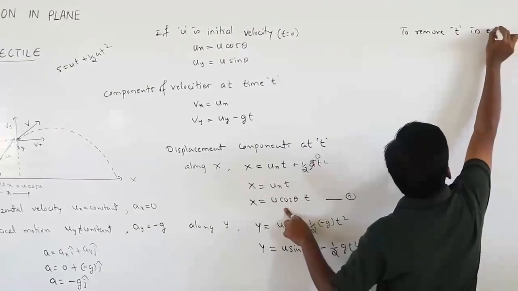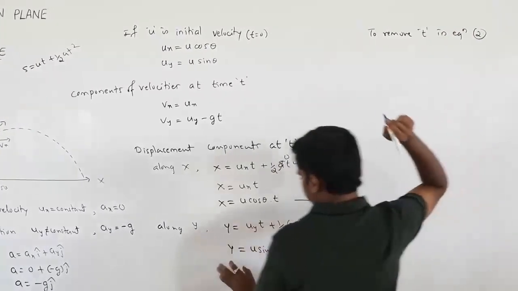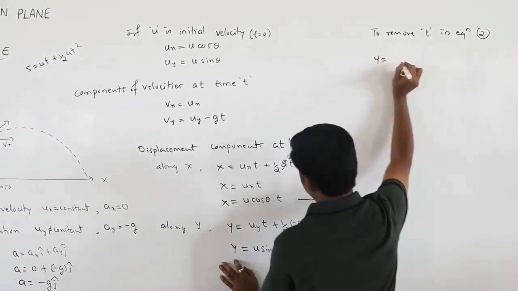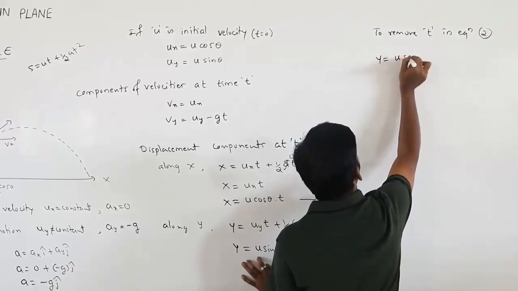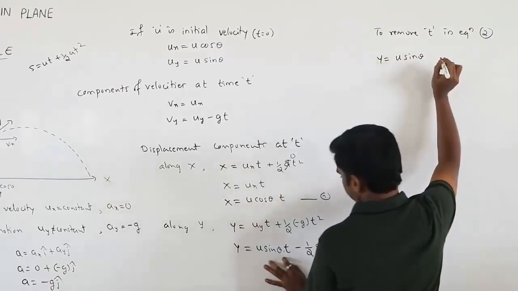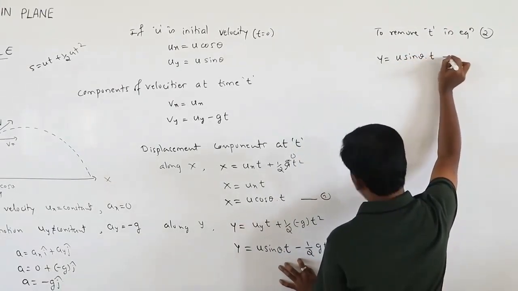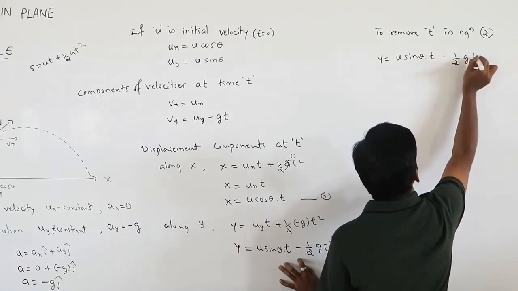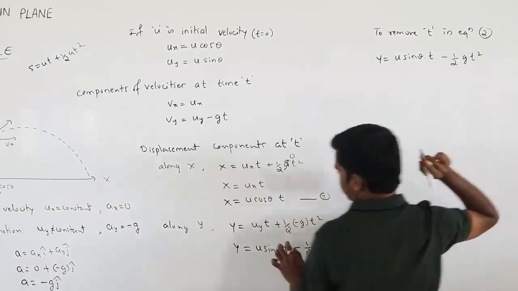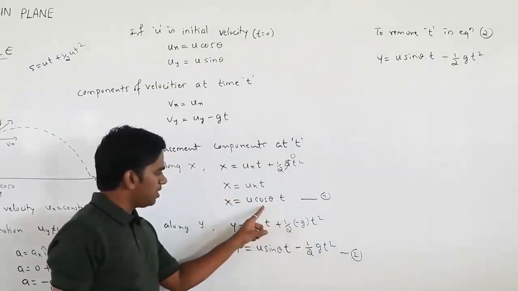What is equation 2? Equation 2 is y equals u sin theta into t minus half g t square. Substitute the t value from equation 1.